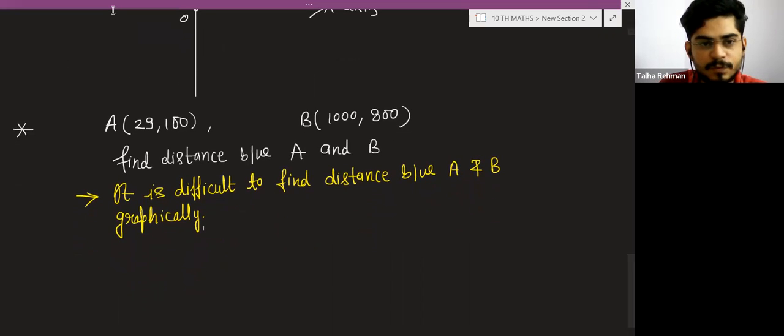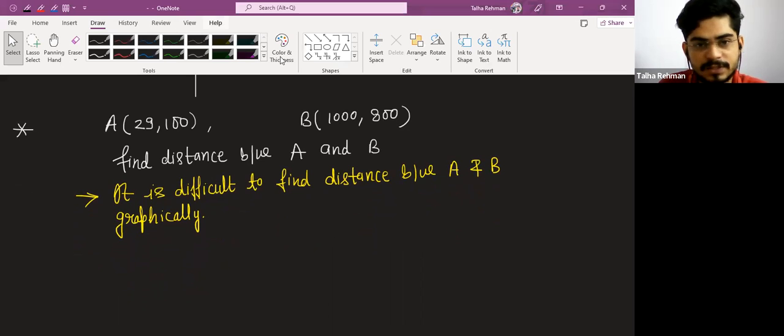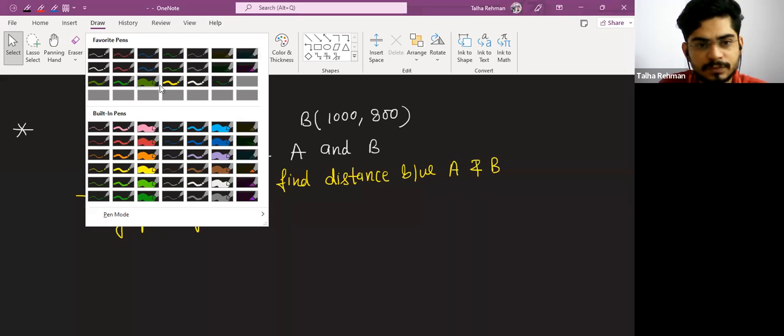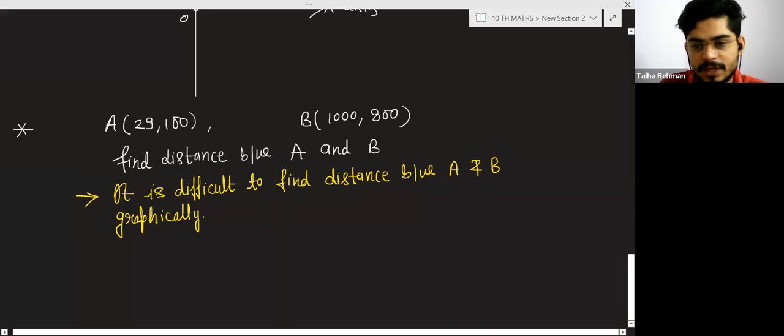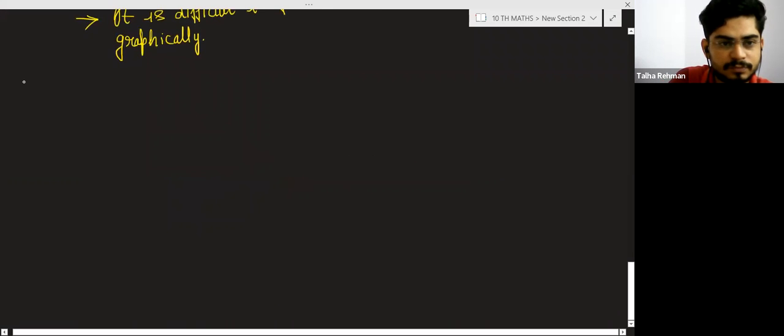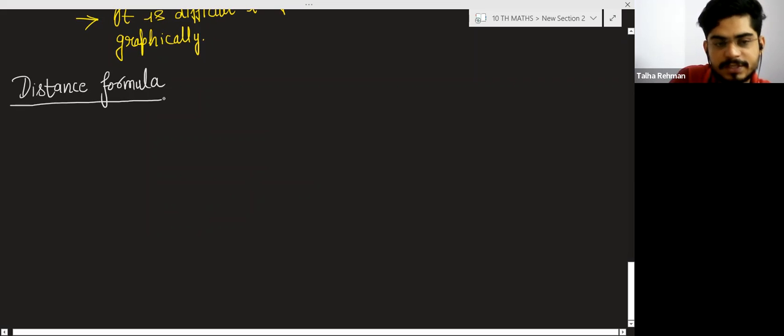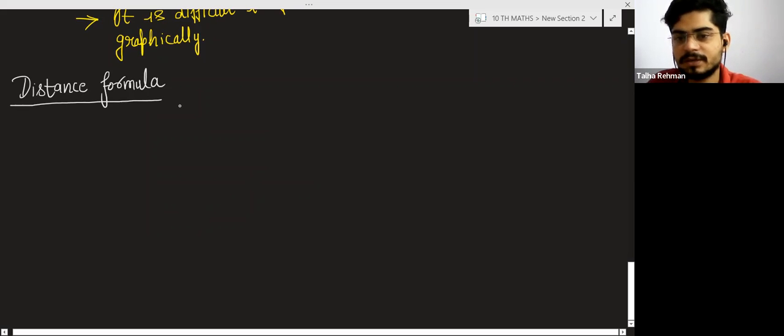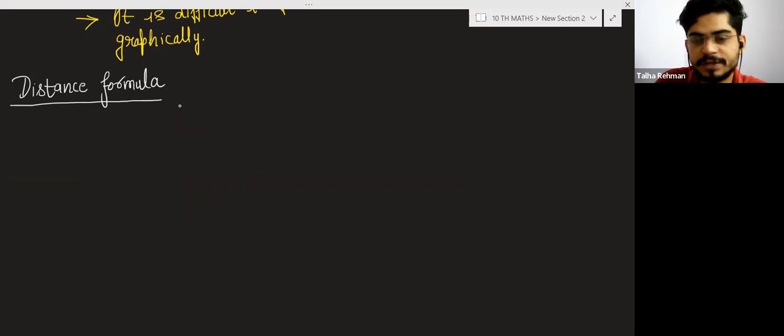So we have to introduce a system or a method, and that method is known as the distance formula. Distance formula is a formula which gives us the distance between 2 points.